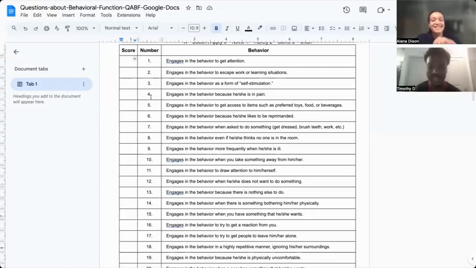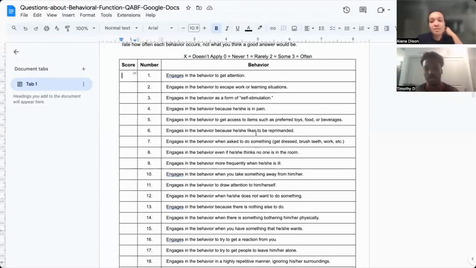Okay, the first one: engages in the behavior to get attention. Wait, quick question. It goes X, 0, 1 through 3? Yeah. X doesn't apply, 0 never, 1 rarely, 2 some, 3 often. 3. Engages in the behavior to escape work or learning situations. 2.